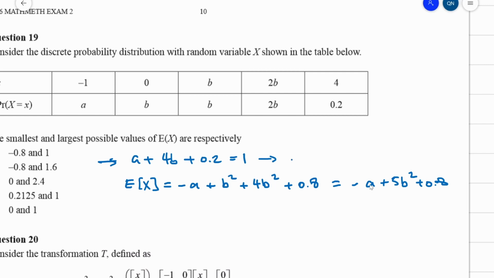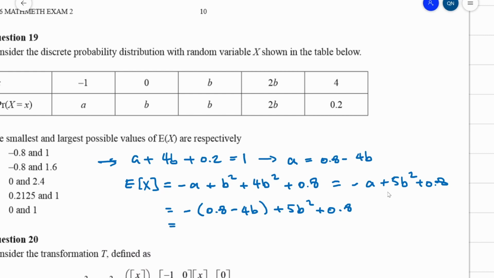So we can substitute a, which is probably the easier one to do. So a is equal to, subtracting 0.2 on both sides, 0.8 minus 4b. Plugging that in, what is E(X) now? We have minus 0.8 minus 4b plus 5b squared plus 0.8.